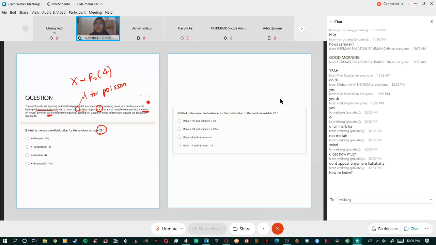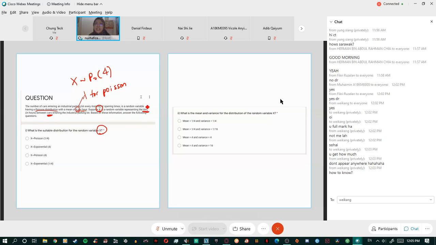Some of you were confused whether X is Poisson or exponential. Maybe because we have the Poisson distribution first, and after that the time in hours. So please read carefully. This X is for the time.